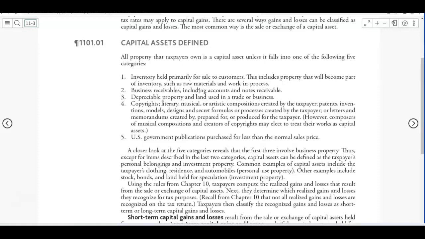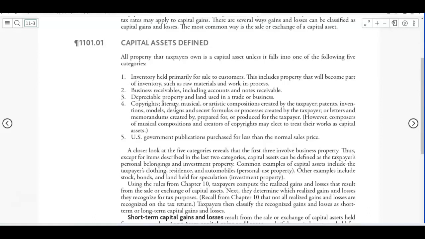Business receivables, like accounts receivable, notes receivable, that's not capital asset. Depreciable property and land used in a trade or business, that's not capital asset either. So it looks like capital asset does not like business type of things. You see, these number 1, 2, 3 are all business stuff.